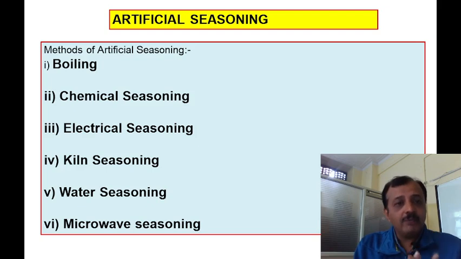So to overcome these disadvantages, we go for artificial seasoning. There are different methods of artificial seasoning of timber: boiling, chemical seasoning, that is using chemicals to do the seasoning, electrical seasoning by passing electric currents, kiln seasoning, water seasoning, and microwave seasoning.